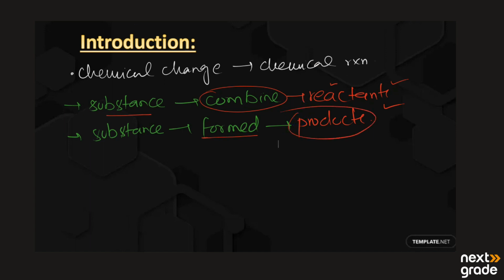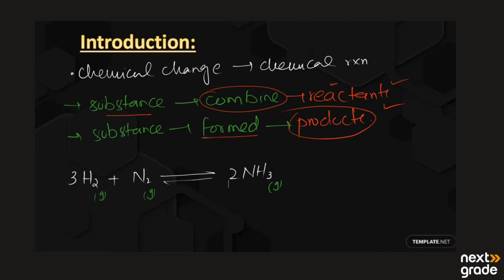So let's discuss one example. We have hydrogen H2 plus nitrogen. They combine and we get the substance NH3. By balancing this, we get 3 H2 plus N2 giving 2 NH3. Hydrogen is in the gas phase, nitrogen is also in the gas phase, and we get ammonia gas.